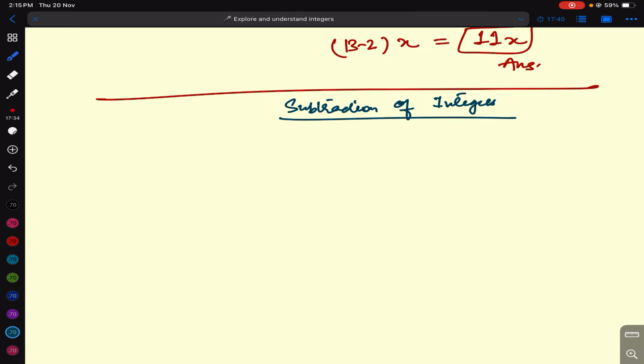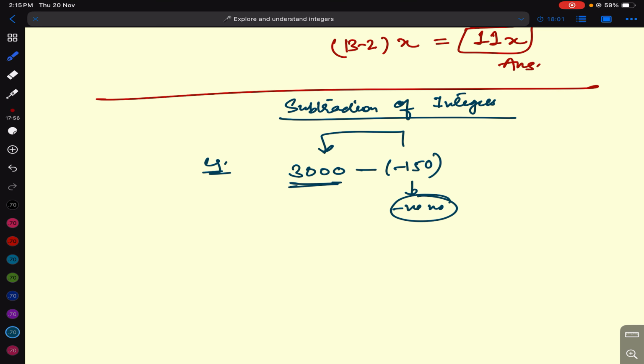So when you subtract a negative number from any number, the difference is even bigger. What do I mean by this? Let's say you are trying to subtract negative 150, which is a negative number, right? So you're trying to subtract a negative number from something, which is 3000.